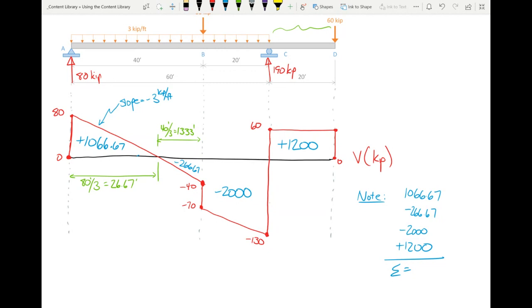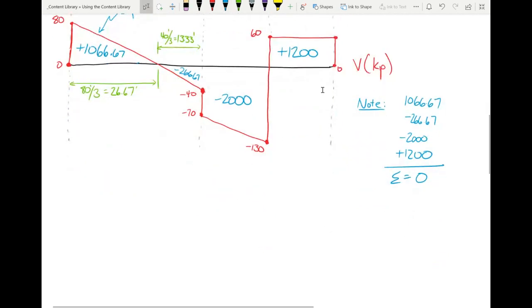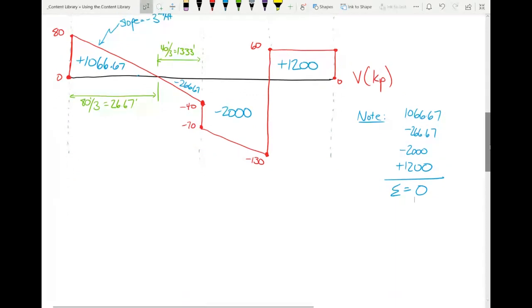That should be a check that your moment expression is correct. Okay, speaking of, we're running down to the wire, so let me see if I can knock out this moment diagram really easily. Because once you've got all the areas, the moment diagram is actually really easy to draw out.